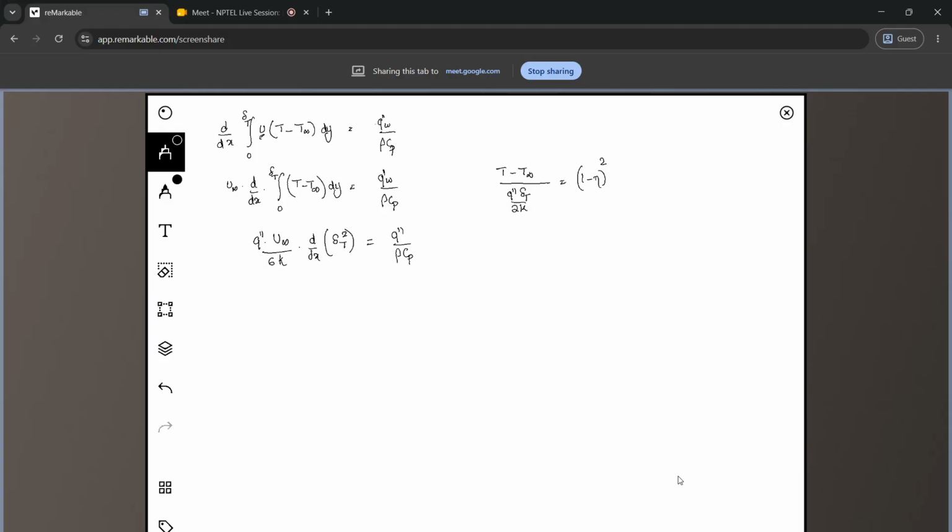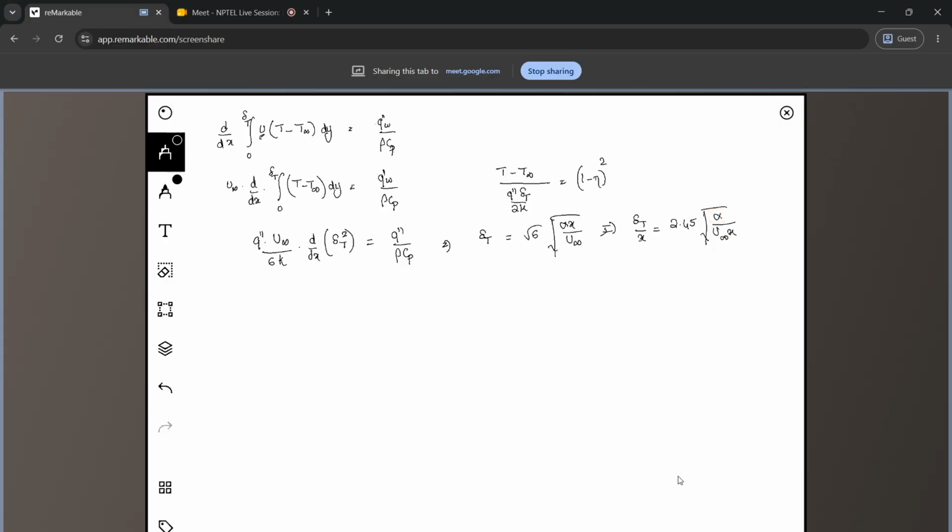After I do this integration and substitute that into this one, I can directly calculate delta T. So instead of Reynolds number, we'll now be having Peclet number here. That's the only difference. Previously, we used to have Reynolds number here, but now this is a Peclet number.